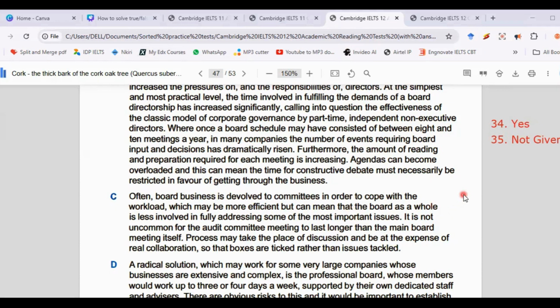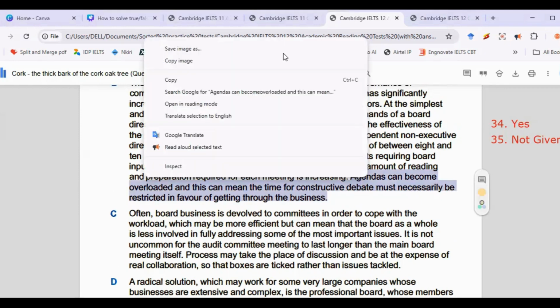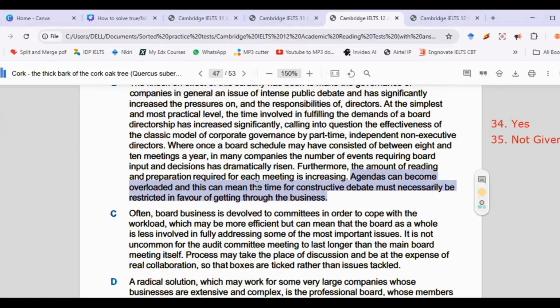So, board, where is that issue of board now? Often board business. Yeah, this place here. Look at this sentence here. Agenda can become what? Overloaded. And this can mean the time for constructive debates must be restricted. Must be what? Must be restricted.